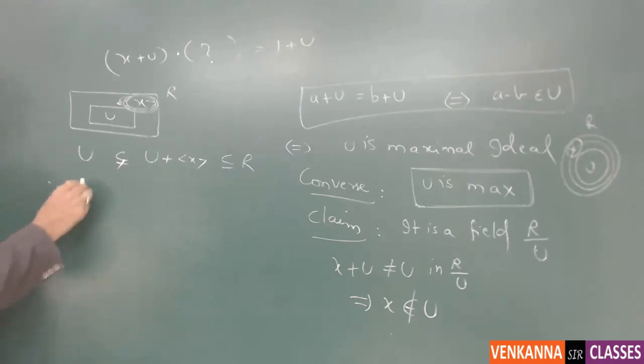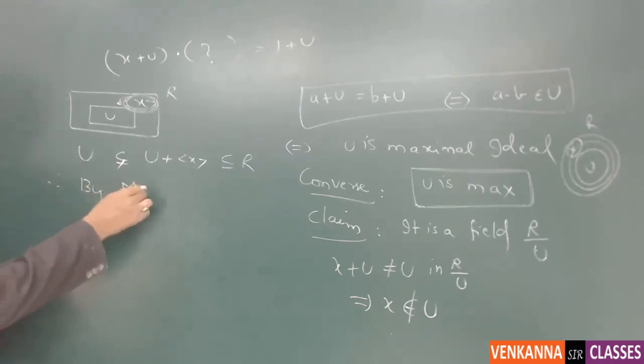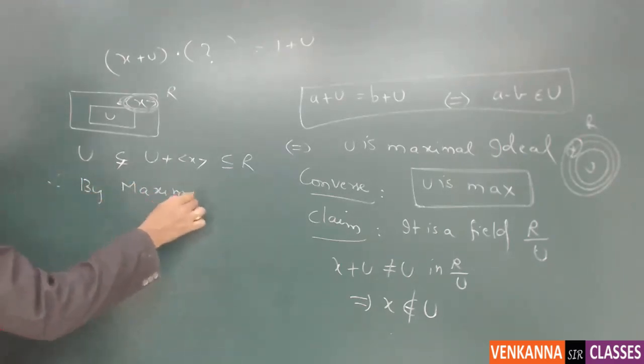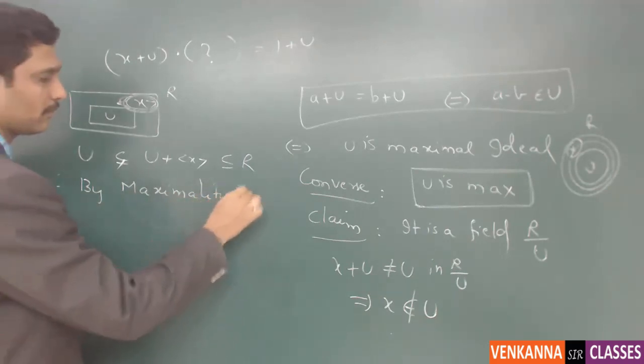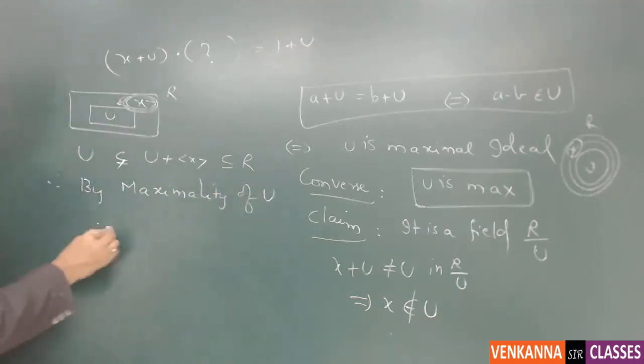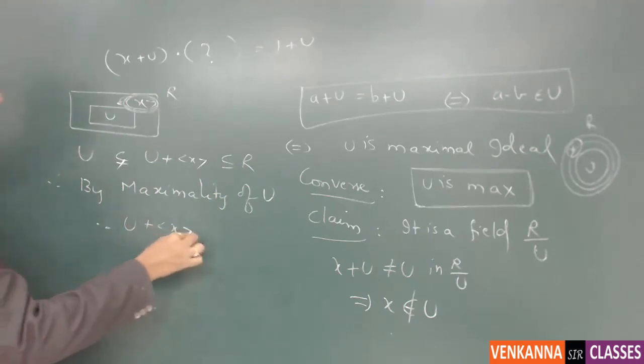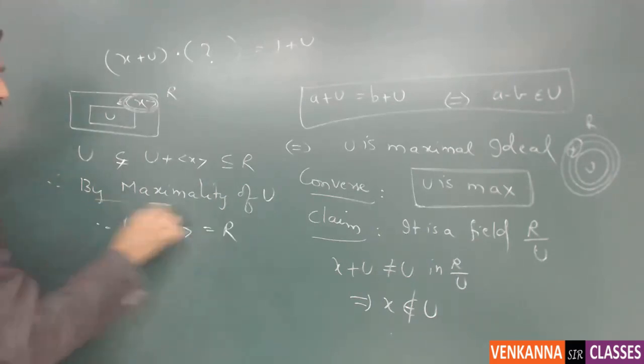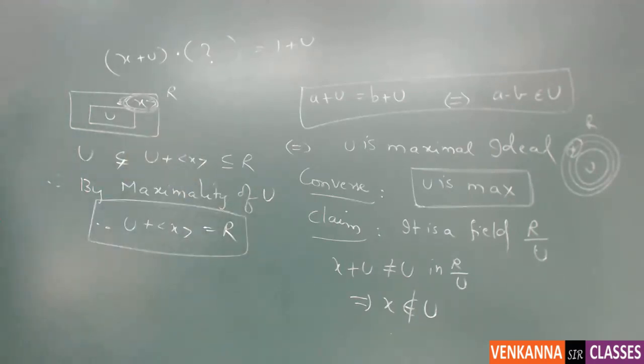Therefore, by maximality of U, U plus multiples of X is equal to R. This is mandatory, because these two cannot be equal; this is a bigger set, this is a smaller set. Hence the only possibility is that these two must be equal.